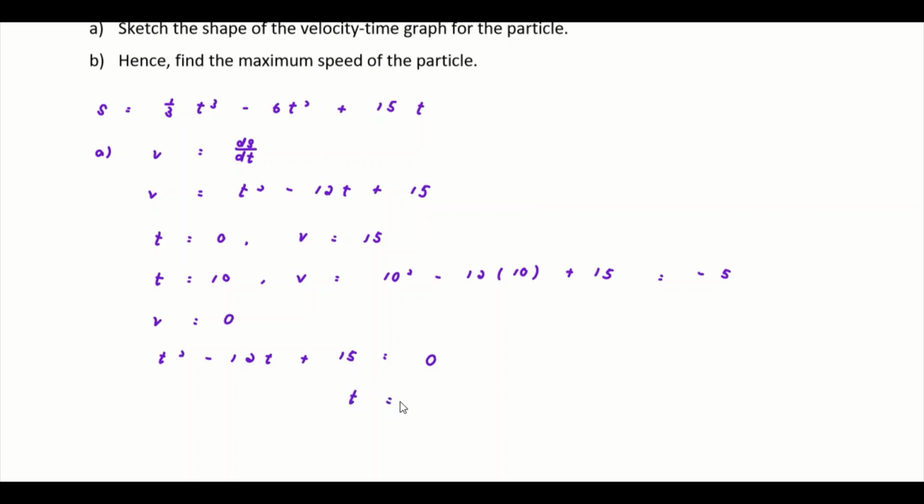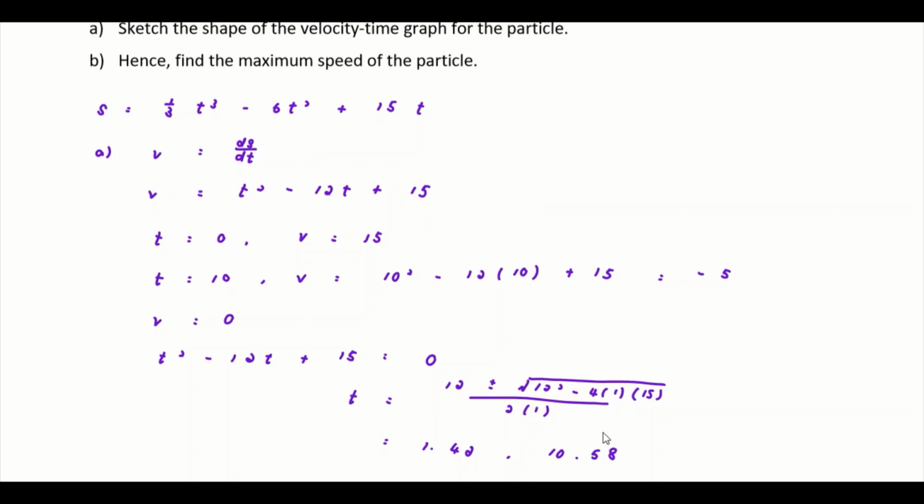That's why you need to use the quadratic formula: negative b plus or minus the square root of b squared minus 4ac, divided by 2a. Okay, so I get 1.42 and also 10.58.